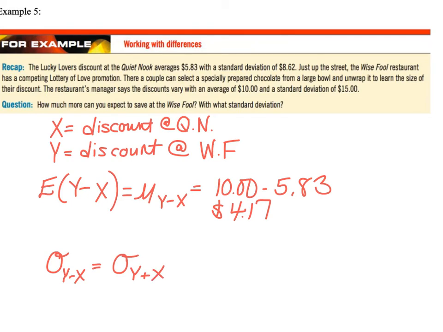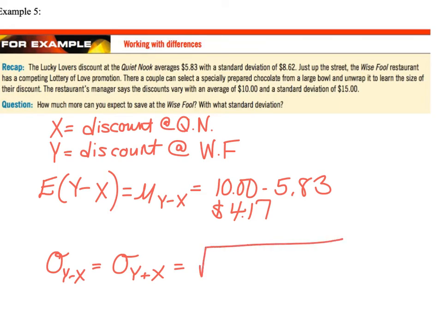Because if I'm combining two random variables, again, I wouldn't expect my variability to decrease. I'm combining two random variables now. I would expect my variability to grow. Okay, so I'm going to end up adding the variances.